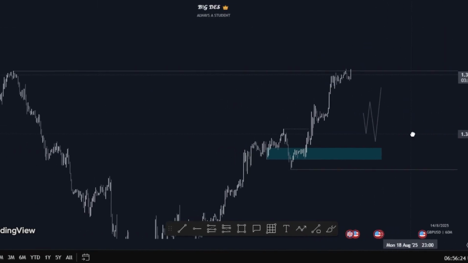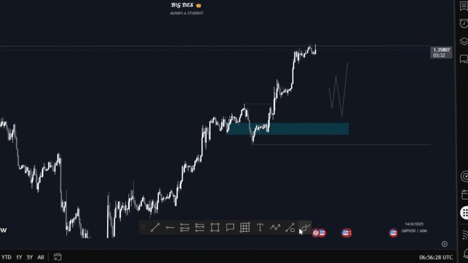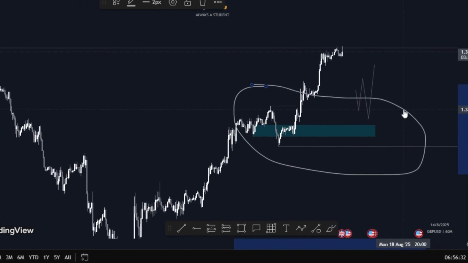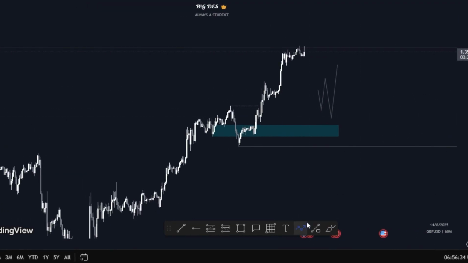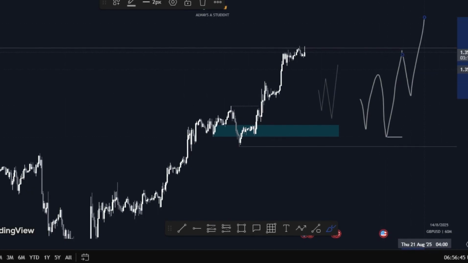So that being possible, I'll still be interested in this area over here, but more carefully, because when price takes out liquidity and breaks structure, this high is very vulnerable. And why is that? Because there's no structural liquidity around here. So this is the break of structure. This is a sweep from this low to this high.